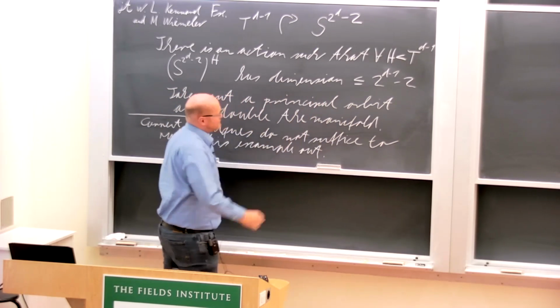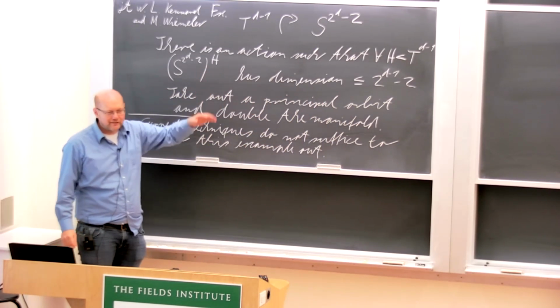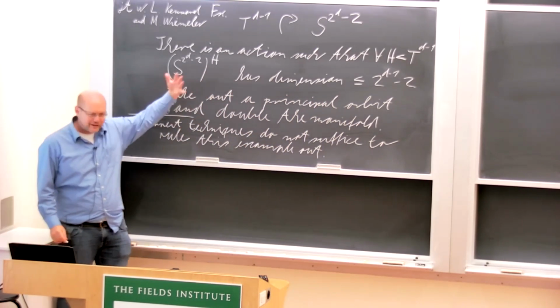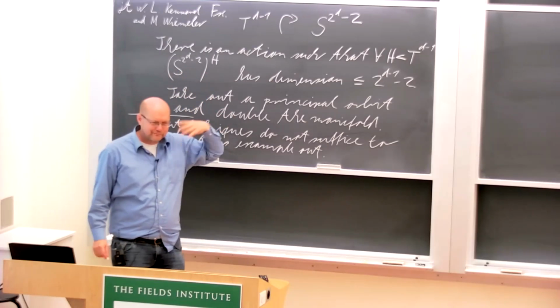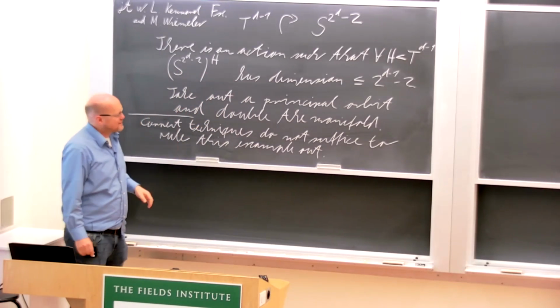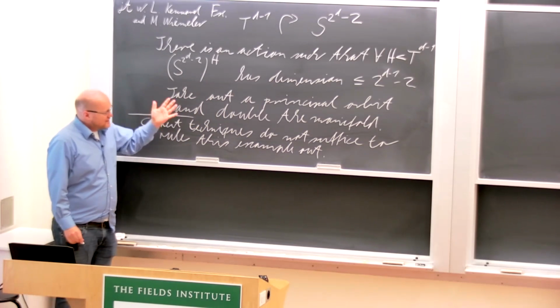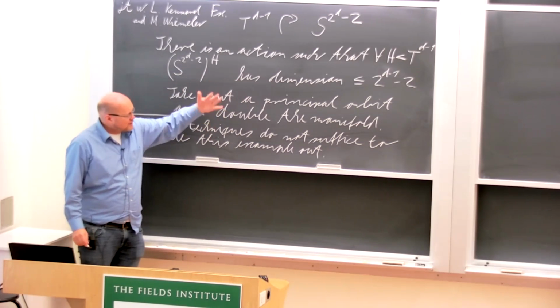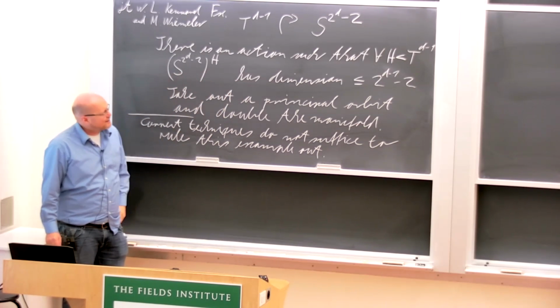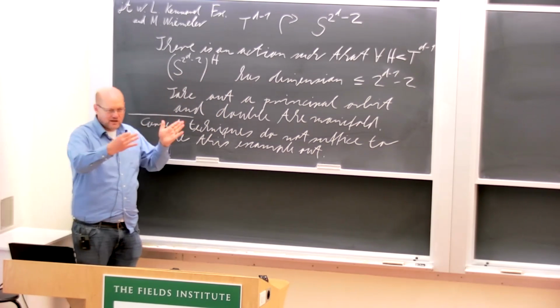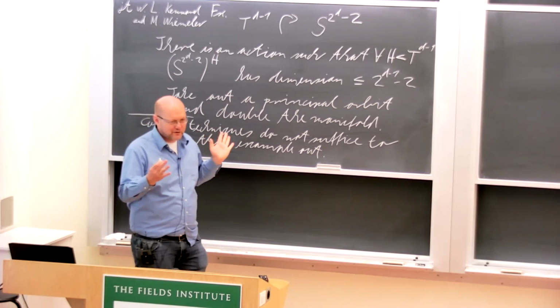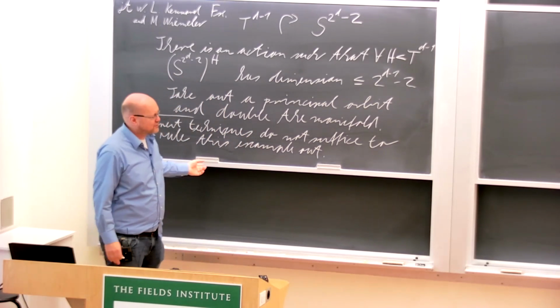And of course, in the example, you can keep doubling, right? So you take out, in the new example, another principal orbit, double again. So you can make the Euler characteristic as big as you like. And so all fixed point components will have dimension less than n over 2, right? So they don't need to intersect. Frankel doesn't give you any contradiction.